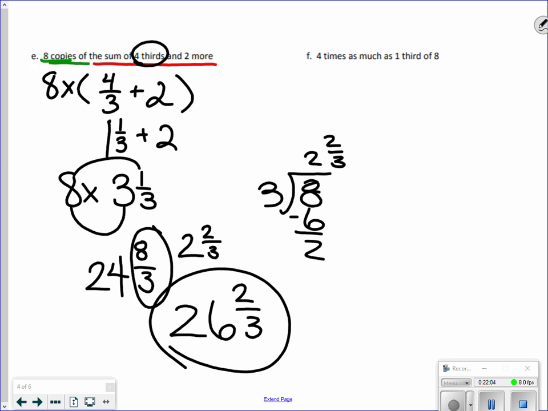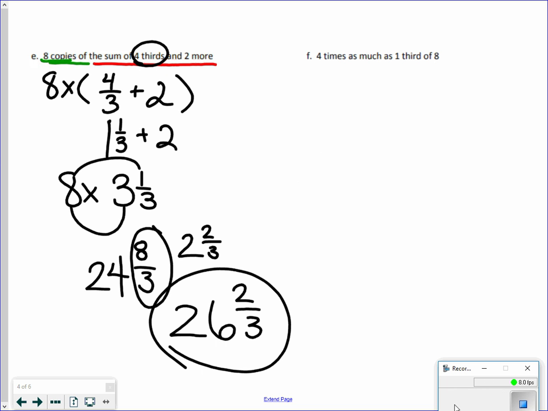What should I? 4 times as much as 1/3 of 8. So they've got fractions written as words. 4 times as much as 1/3 of 8.